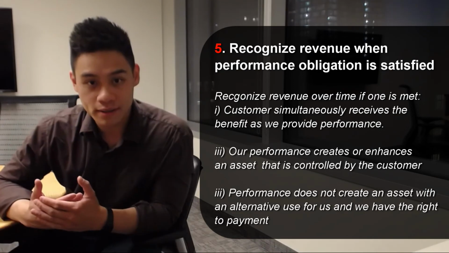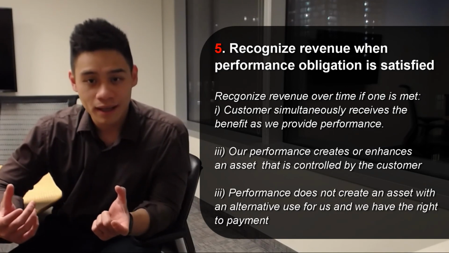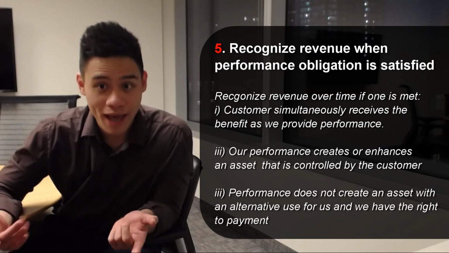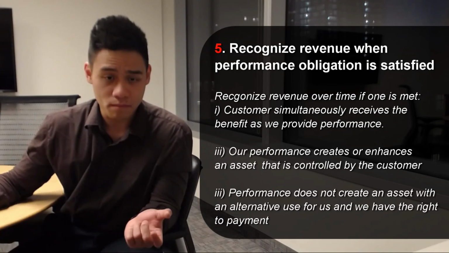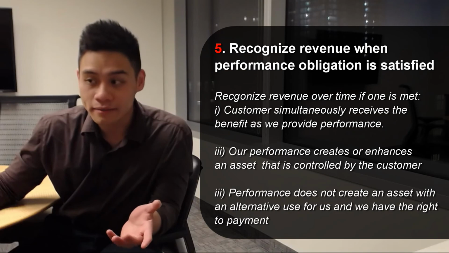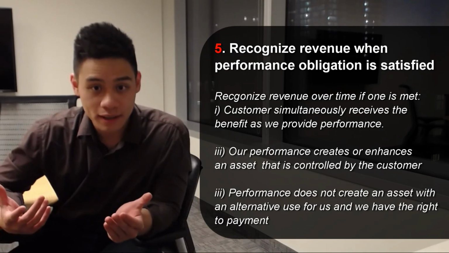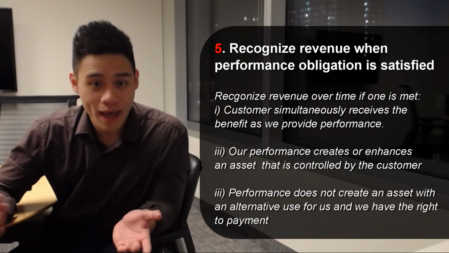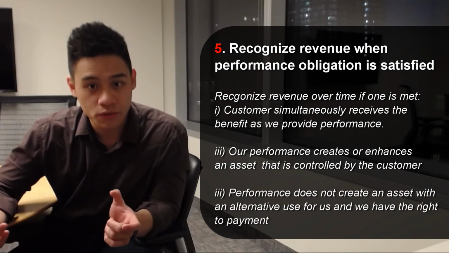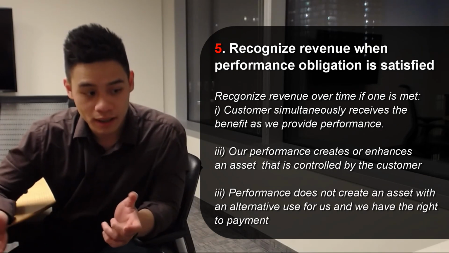The second is the entity's performance creates or enhances an asset that the customer controls as the asset is created or enhanced. And then third, the entity's performance does not create an asset with an alternative use, and the entity has an enforceable right to receive payment for the performance completed to date.